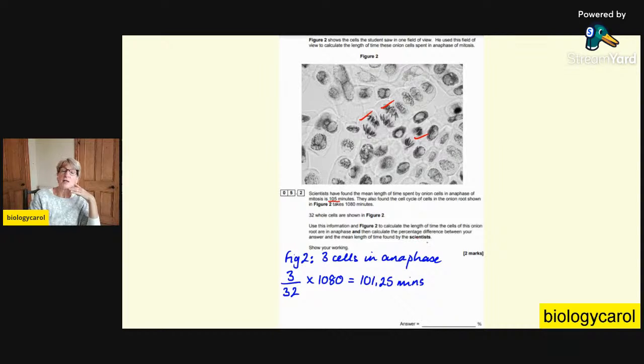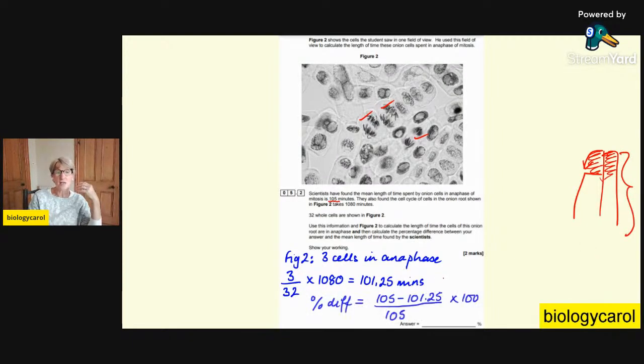You've then got to calculate the percentage difference. Now, for the percentage difference, you can either calculate the percentage decrease or the percentage increase. Either is valid. I chose to calculate the percentage decrease. So the percentage decrease is going from a larger number to a smaller number, working out the difference as a proportion of that larger number.